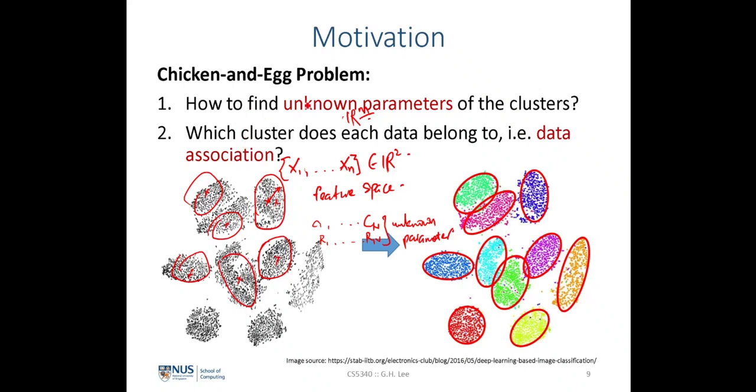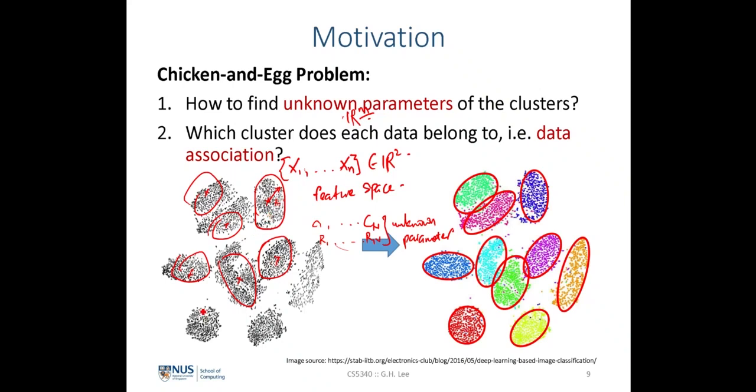Suppose that I know the unknown parameters, I know where all the centroids are and what the radius of each circle is that I use to characterize the clusters. I would be able to easily associate each feature to the nearest centroid in this feature space.